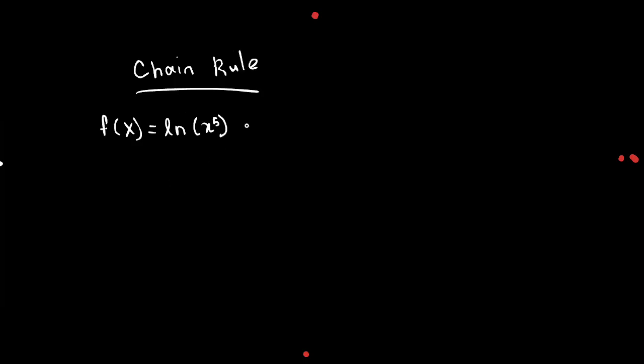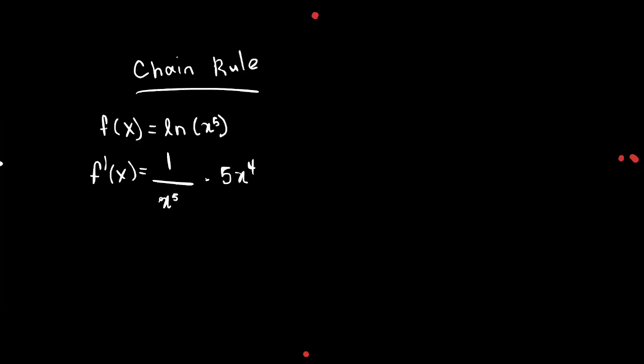But anyway, using the chain rule, we'll see that we get first the derivative, so our f prime of x, the derivative of the outer function, derivative of ln of x would just be 1 over x, but we put, again, x to the 5th. And now we multiply by the derivative of x to the 5th, which is 5x to the 4th.